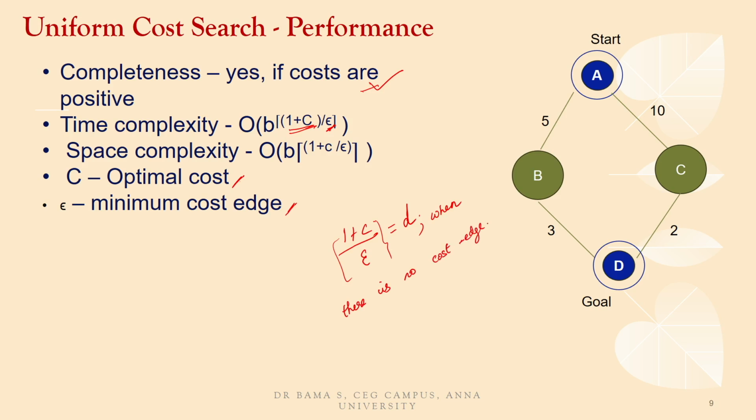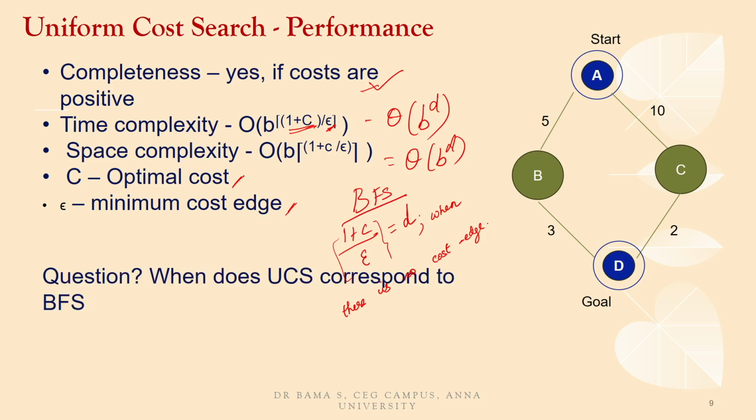Then it is equal to D, which means O of b to the power d, and this is very similar to BFS. That is the reason why we say that UCS is the same as BFS, except that UCS has a cost involved. So, that is regarding the uniform cost search.